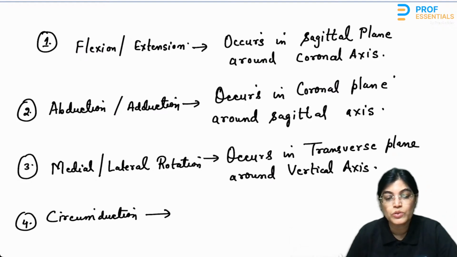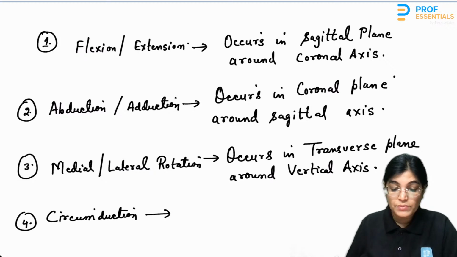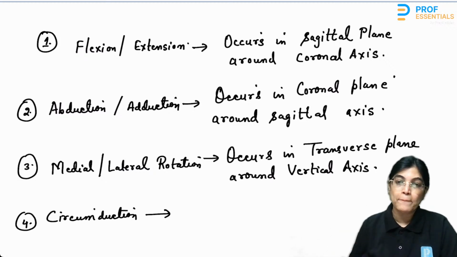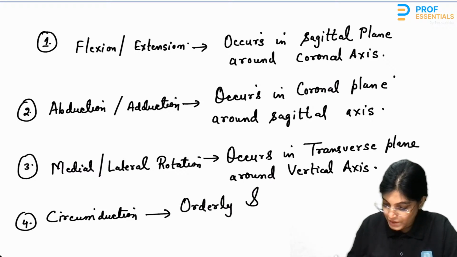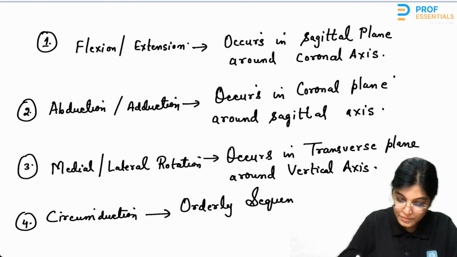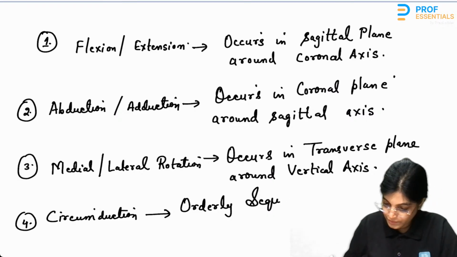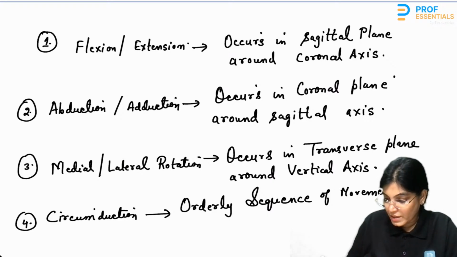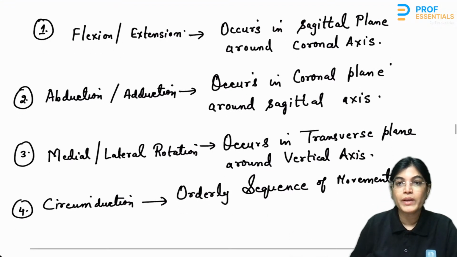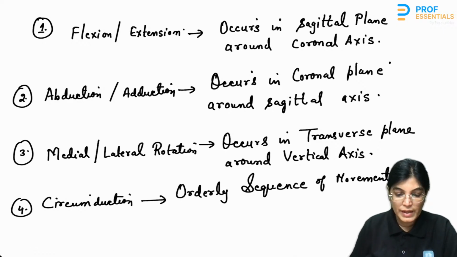I just want you to note down, I think I have also done this in the class of joints, that circumduction is a combination movement happening in the glenohumeral joint, and the orderly sequence of this movement is as follows.